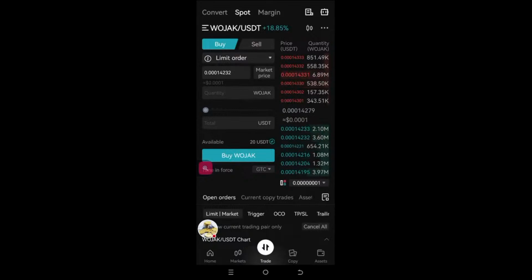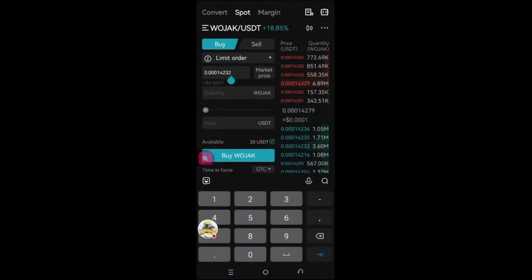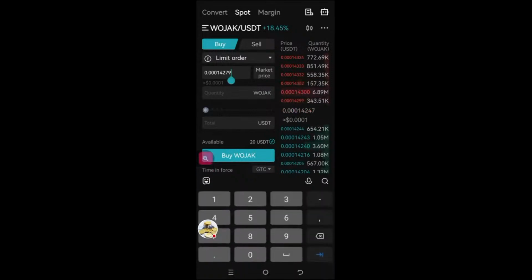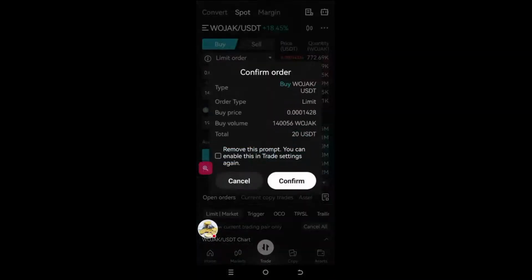Wow. Let me see if I put this at 14. This is 14279. I put it at 1428. Let me see if it will allow me to buy. I don't know. Let's see.